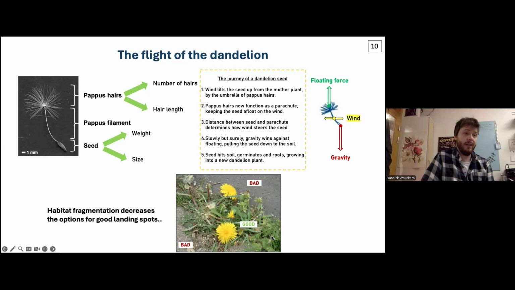But everything outside there, it's kind of bad to land on because it's asphalt, so the seeds won't be able to germinate there. So steering where you put your seeds is quite important here.